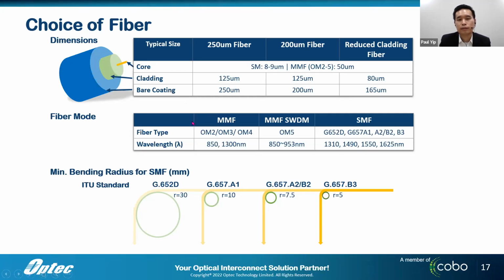So fiber modes, except the single mode fibers, this is also friendly for multi-mode fiber. So if there is a system that uses multi-mode fiber, no matter switch or other application, it can do the same work as well. So we put this bending radius in mind when we design these shuffles.